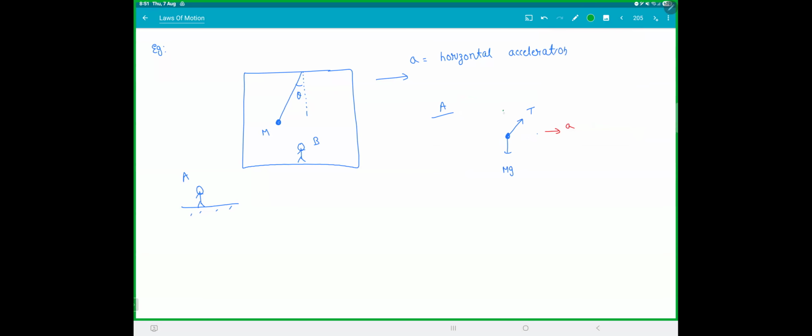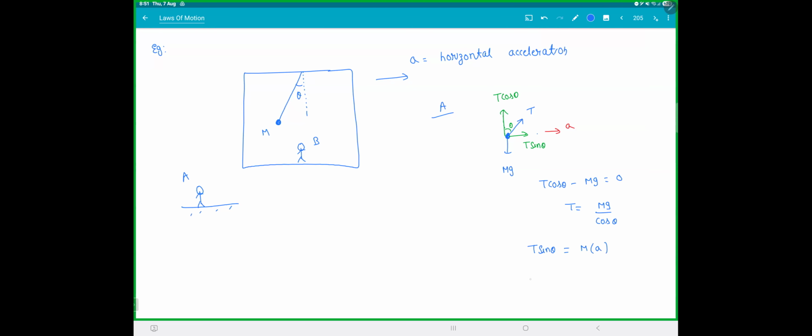Then resolve the forces. So this is also theta. This will be T cos theta and this will be T sin theta. Vertically, there is no acceleration. So T cos theta minus mg is 0. So we get tension is equal to mg by cos theta. And in the horizontal direction, T sin theta is the reason the thing is accelerating horizontally.